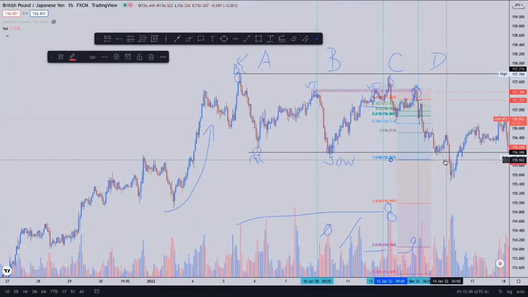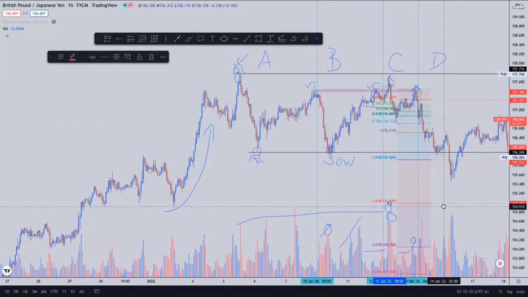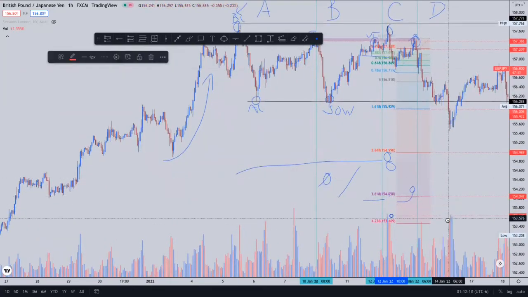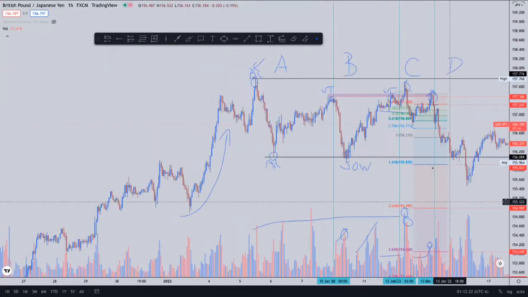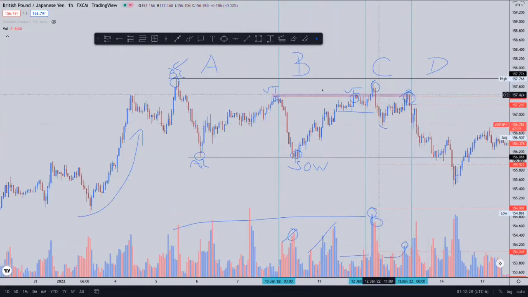So we have the 1.618, first target, 2.618, second target, 3.618, third target, and lastly 4.236, right? So this tool basically gives us a measurement of how far the breakout should go based off how long we were in this range, right?